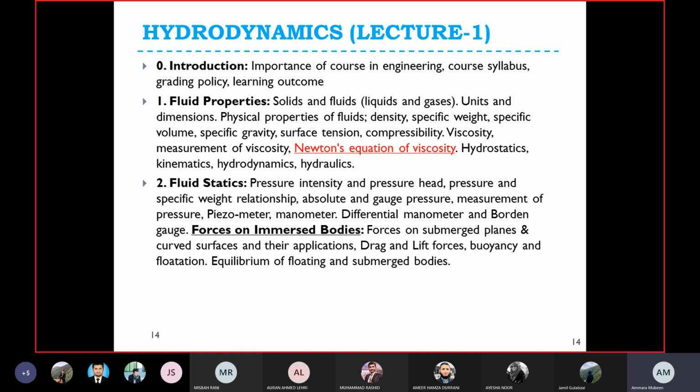Fluid dynamics includes the study of forces, energies, momentum of the fluid which is flowing. So the hydrodynamics, this is the study of all these three parameters, or you can say the combination of all these three branches of fluid mechanics. So in fluid statics, we'll try to cover all these topics.